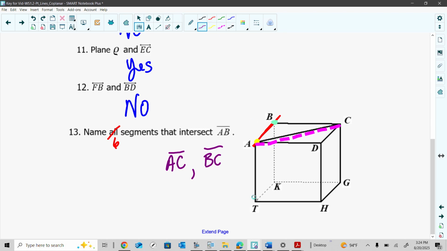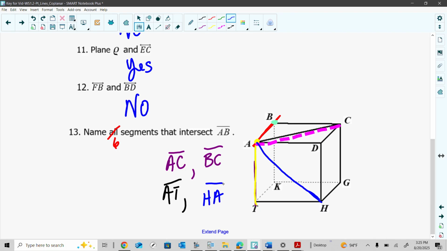I could do this, oops, I want to do a different color. I could do this vertical segment here. So that would be AT. I could, if I wanted to, see a segment going from H through A like that. So HA.